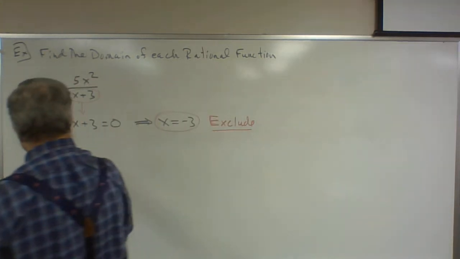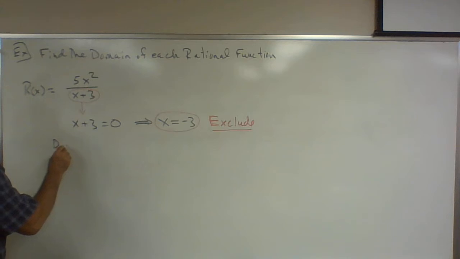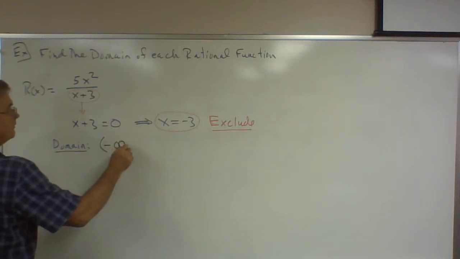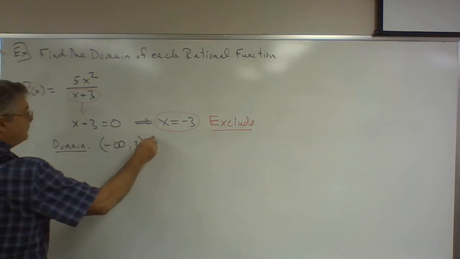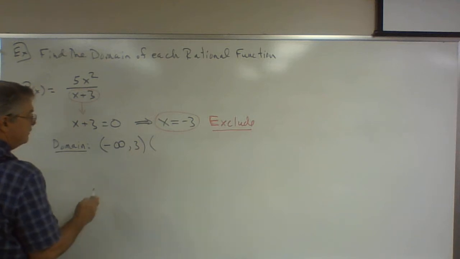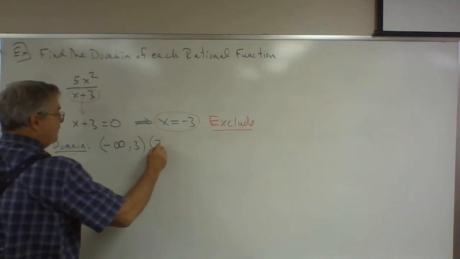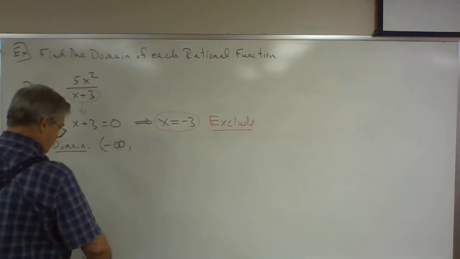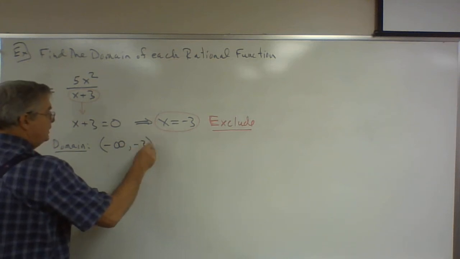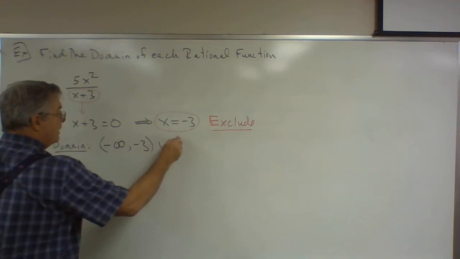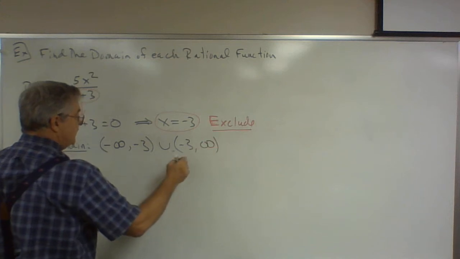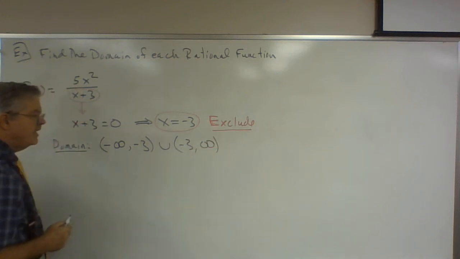So the domain is all the real numbers from negative infinity to negative 3, not including negative 3, and all the real numbers from negative 3 to positive infinity, not including negative 3.